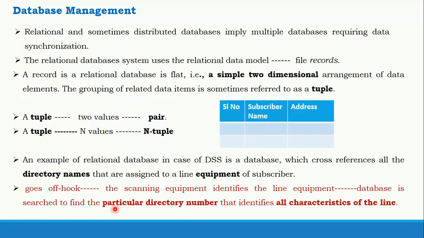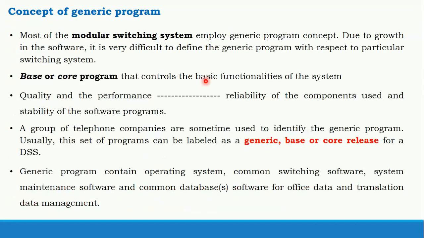Afterwards the database will be searched for the particular number, that means the called number in the directory. Then it will attach the second subscriber, that means the called line. So this is about database management. Completely, the database is the complete information of the subscribers or customers.